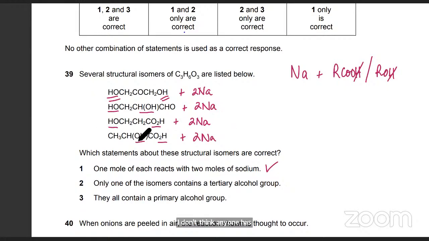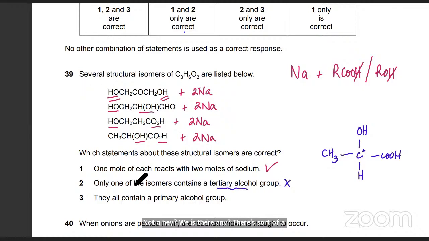Like if I were to draw the last option, CHOH, the middle one has, but any carbon with 1H is not going to be tertiary. It has to have 3 carbon chains. One side you've got a carboxylic acid, the other side you've got a CH3. So again, that's a secondary alcohol, not a tertiary alcohol. There's no tertiary alcohol group, I think.